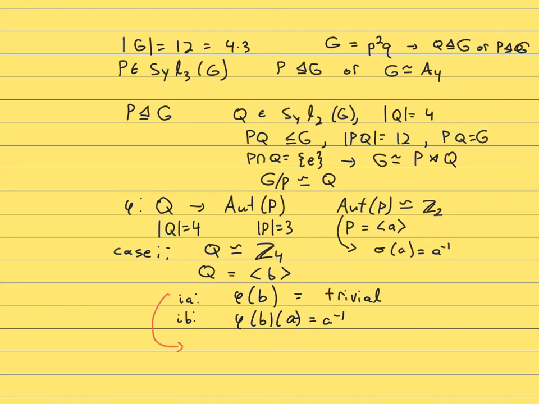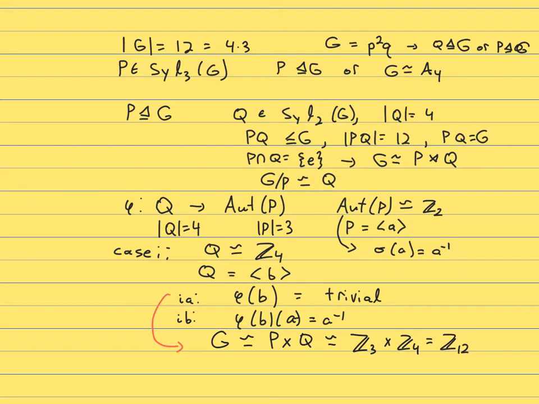Well, in case 1A, what happens? Well, that's the case where whenever you get the trivial automorphism, you actually have a direct product. Which means that you have the direct product of Z3 with Z4.